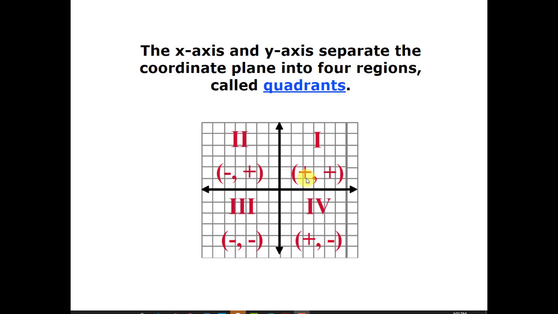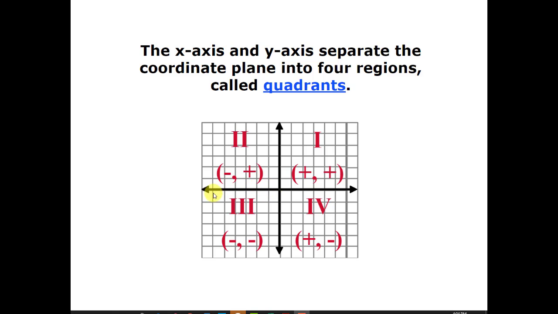So if I have a point in quadrant 1, both the x value and the y value are positive. If I look at quadrant 2, I would start at the origin and go in the negative direction on the x-axis and then up in the positive direction of the y-axis. Therefore, all the points that are in quadrant 2 will have a negative x value and a positive y value.